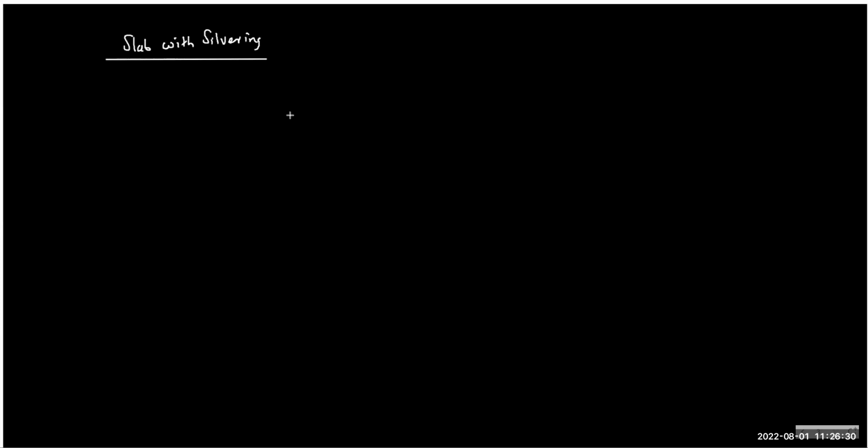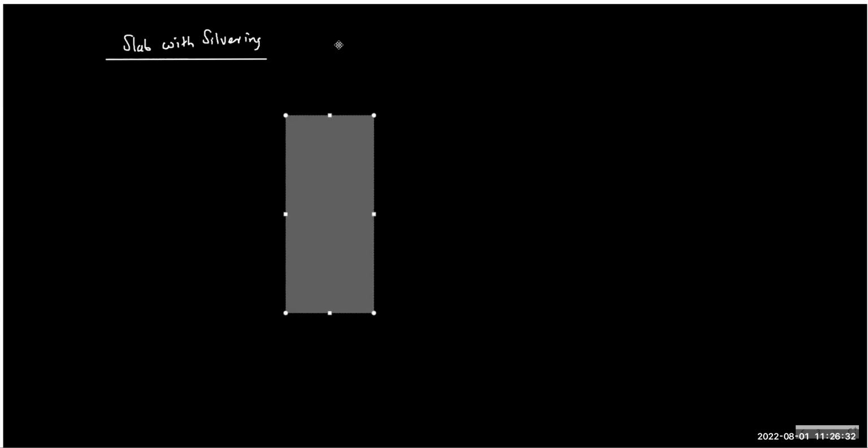The moment you have a slab and you put silvering on one of its sides, this becomes a thick mirror. So it will act as a thick mirror, and if you want to draw the diagram, you can do it like this. Okay, so that's the whole idea.